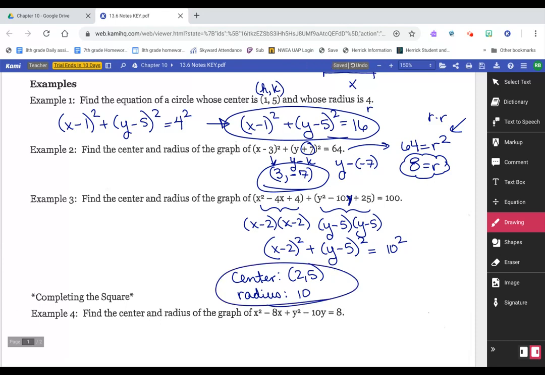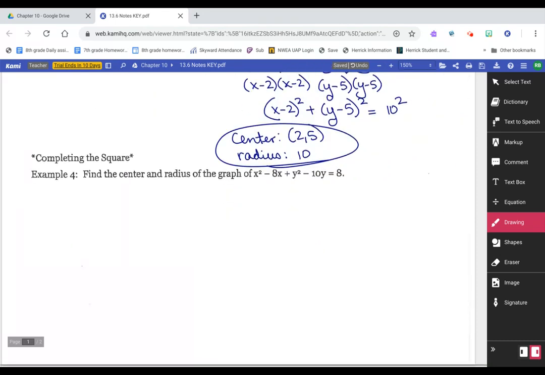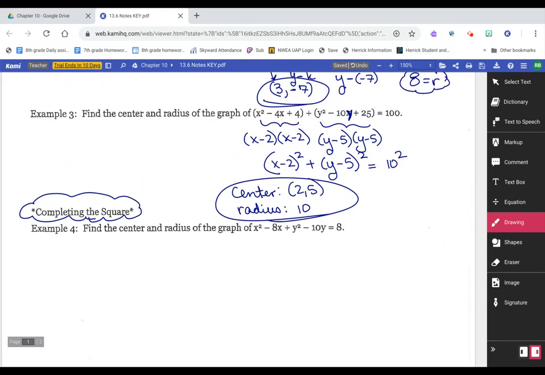All right, for example 4, we need to remember how to complete the square. So let's just do a little review. I'm going to put the review, we'll do it in red, right up here. Completing the square. Remember the standard form is ax² + bx + c for a quadratic equation.